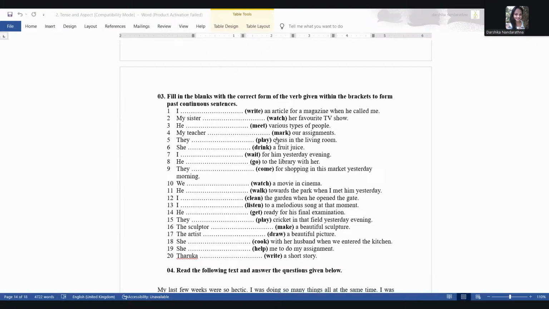The artist was drawing a beautiful picture. She was cooking with her husband when we entered the kitchen. She was helping me to do my assignment. Taruka was writing a short story.